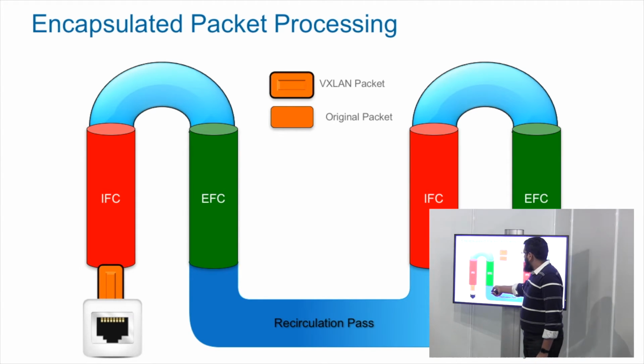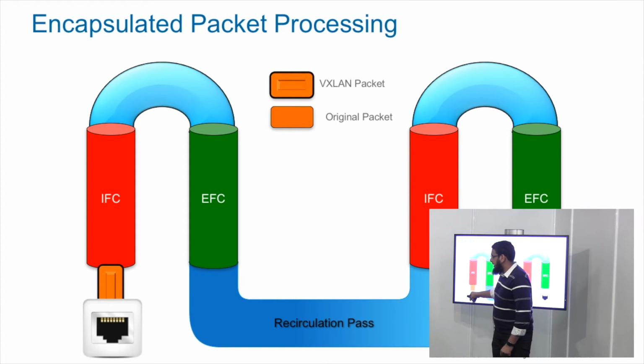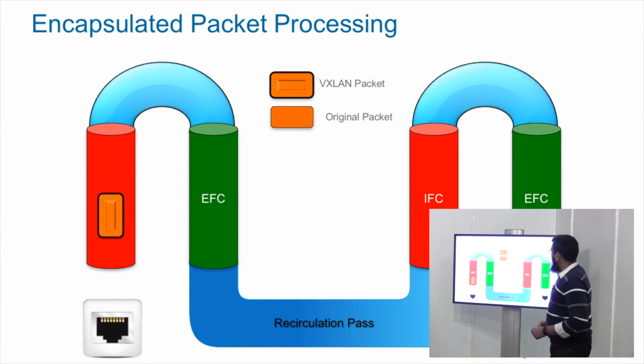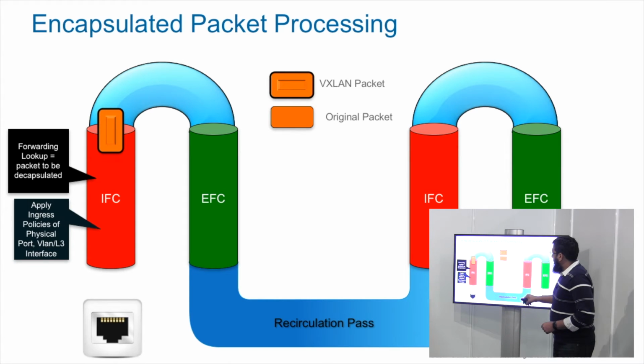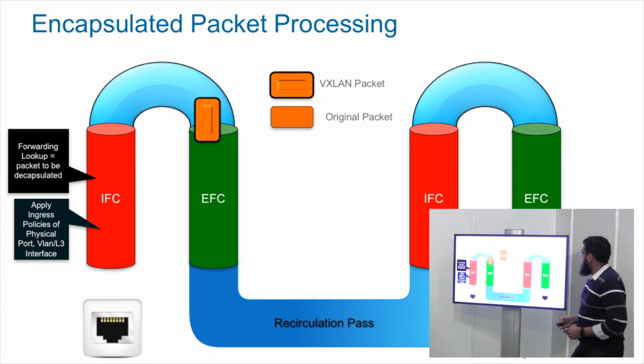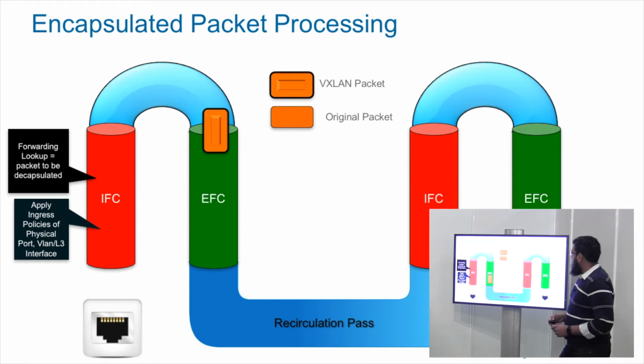This packet is coming with this bandage thing, which means it's encapsulated. It will go through the IFC. It will do its different lookups. It will do the forwarding lookup. What it's going to determine there is this packet is encapsulated, right? So at the EFC, it is going to decapsulate the packet.